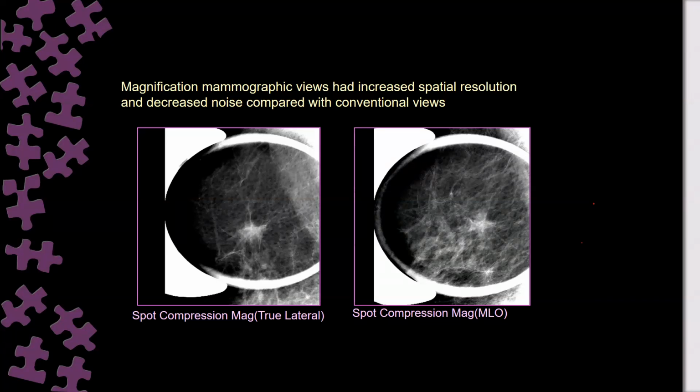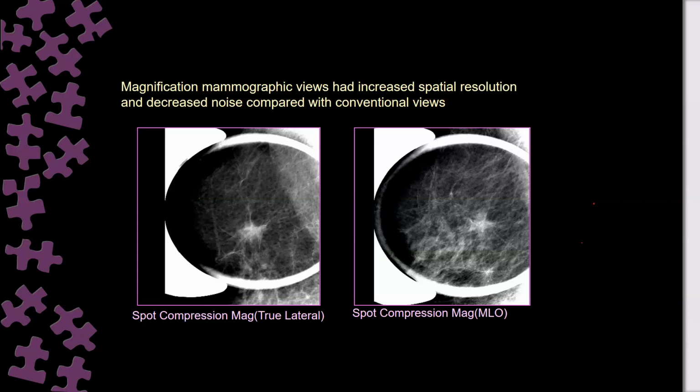What do we call this type of lateral view to localize the lesions? Which technique? What is the name of the technique when we use a straight lateral view to localize the lesions? Mediolateral technique. Additional view.